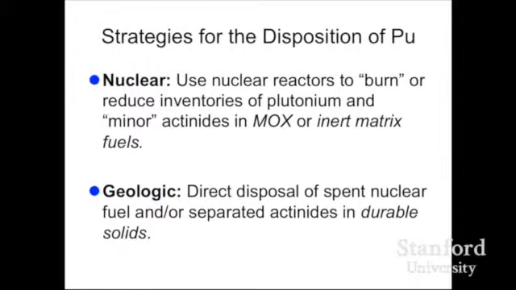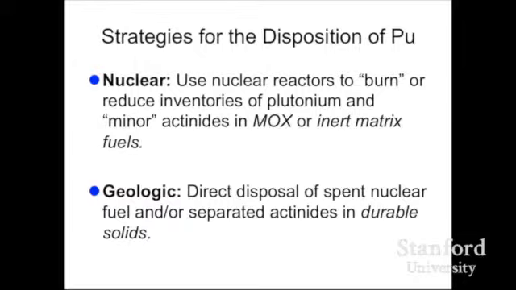We use a mixed oxide fuel, a mixture of plutonium and uranium, or an inert matrix fuel. This just means a material that doesn't have any uranium, because remember, when we put the mixed oxide fuel in the reactor to burn the plutonium, we create plutonium. So the mixed oxide fuel solution leaves you with about the same amount of plutonium that you started with.